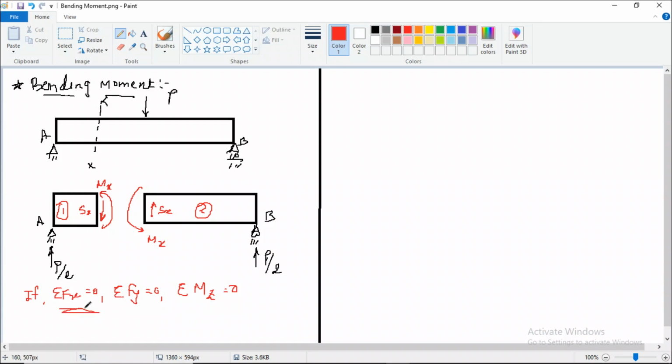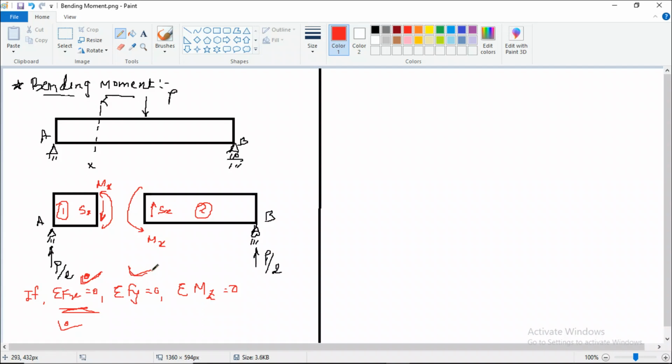Because of that, this first condition is satisfied, summation of Fx is equal to 0. Now to maintain the transverse equilibrium of internal force, shear force is applied, and in order to maintain the rotational equilibrium, an internal moment Mx is also applied at that section, which is known as bending moment. So this is understood because there is no horizontal force in the system.